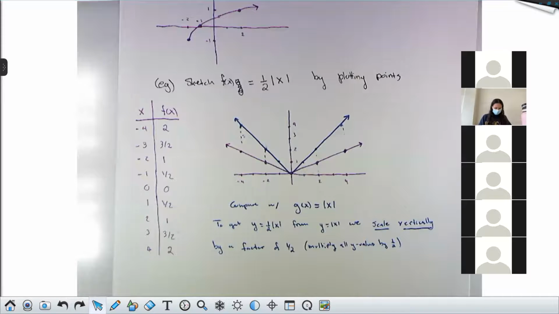Now, there are special forms of scalings called reflections. And I wanted to start blending some of these things together. Bad example for horizontal scaling, so let's not do that.